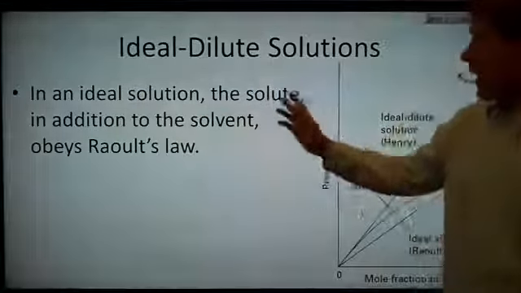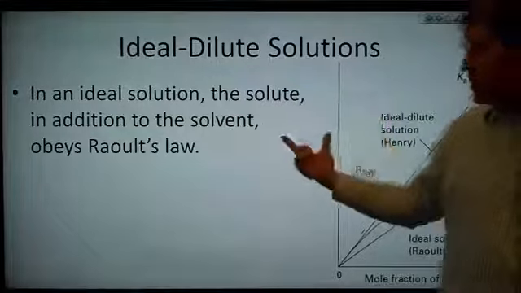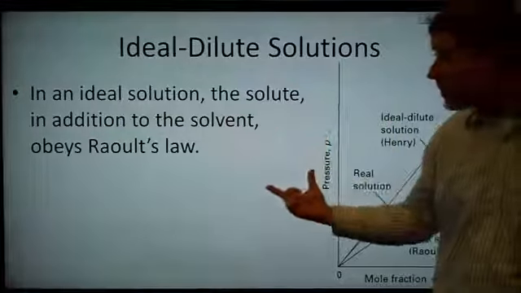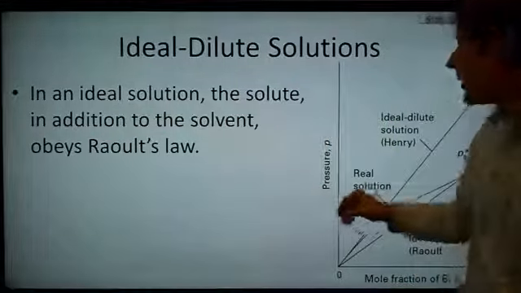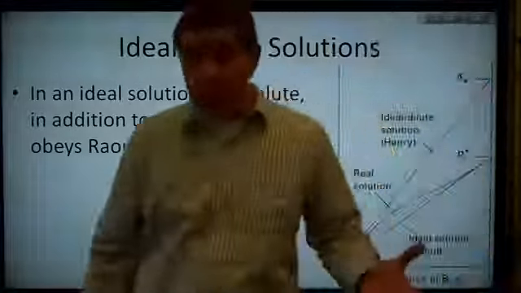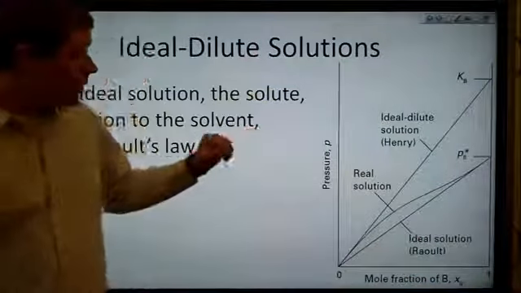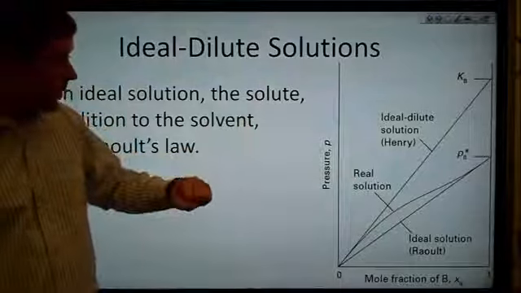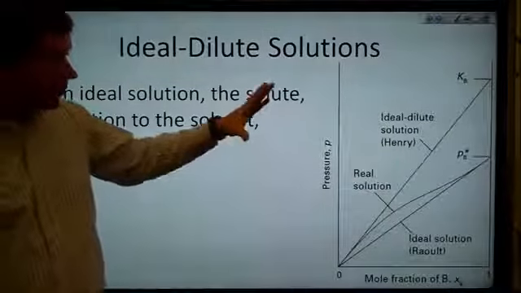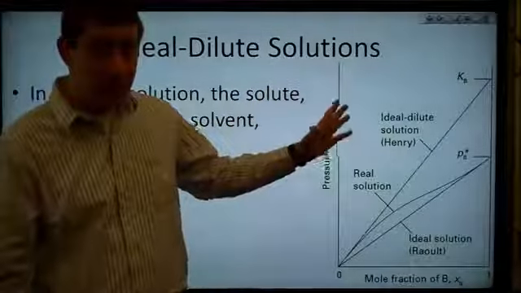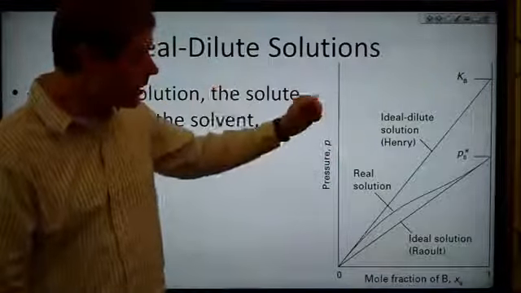Alright, so in an ideal solution, the solute, in addition to the solvent, is obeying Raoult's law. But in real solutions, which we call ideal dilute solutions, sometimes they obey a different law, which brings us to Henry's law.